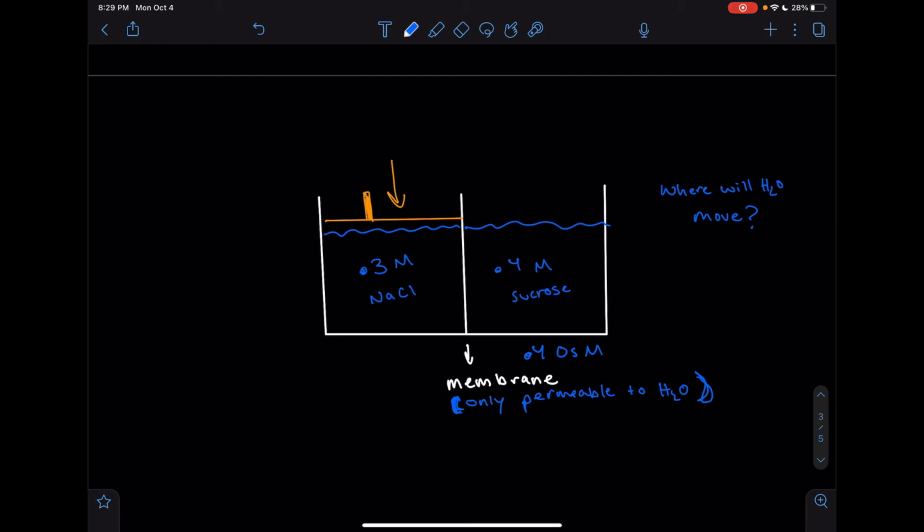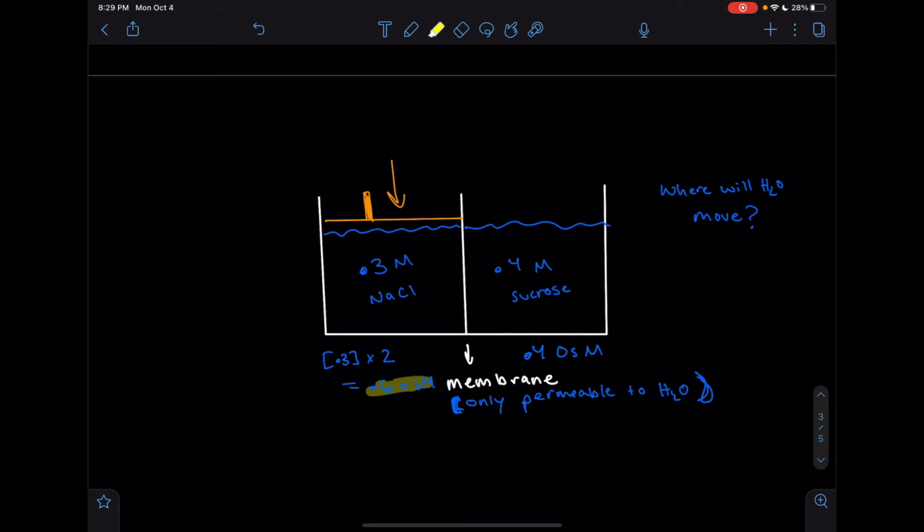On the other side, though, you have a concentration of 0.3, and you have Na and Cl, so that's 2. It dissociates into 2, so it's got 0.6 osmoles. So which one has the higher osmolarity? The one that has the higher osmolarity is this side.